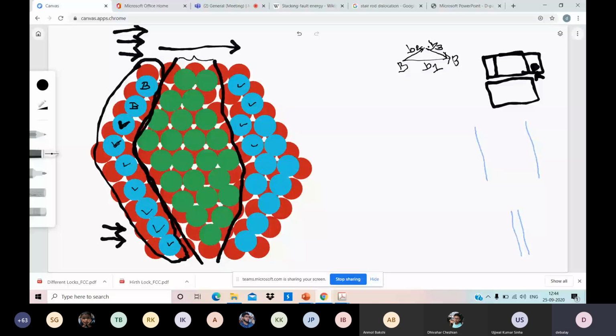And with Burgers vector B1 as one unit movement, I can ask you to calculate the movement necessary for B2 and for B3. Now you can ask me, sir, this one is my position B, this one is my position B. Why has it gone into this position and then come back here?